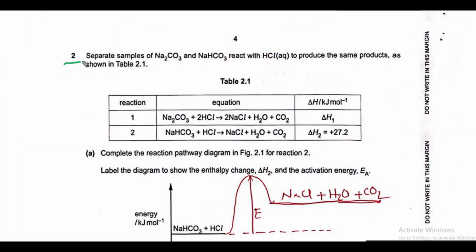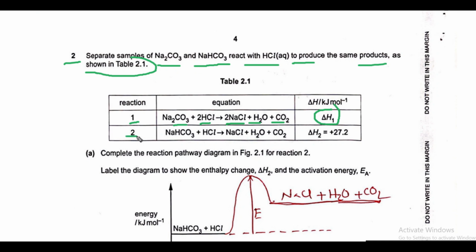Question number 2. Separate samples of sodium carbonate and sodium hydrogen carbonate react with aqueous hydrochloric acid to produce the same products as shown in the table. Reaction 1: sodium carbonate reacts with hydrochloric acid to produce sodium chloride, water and carbon dioxide, enthalpy change del H1.